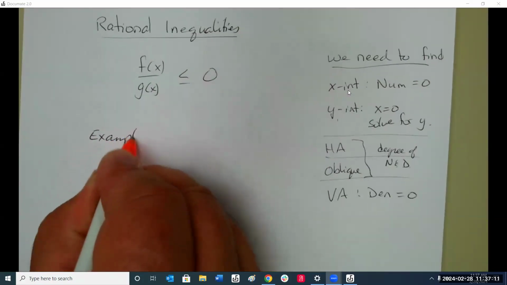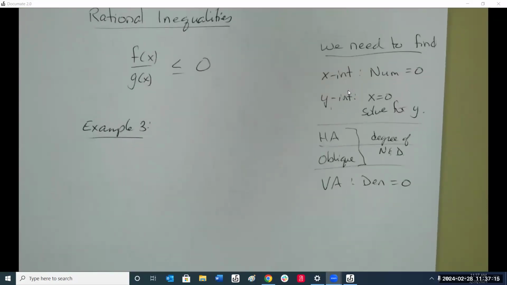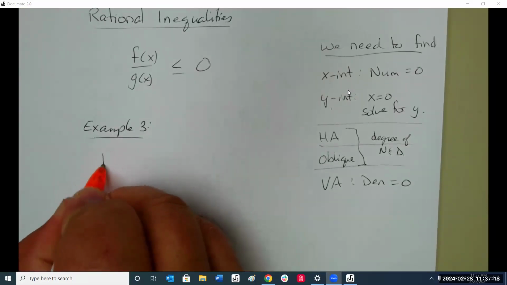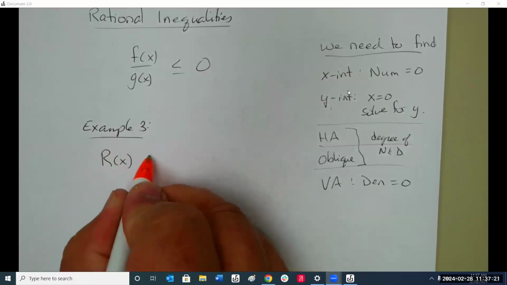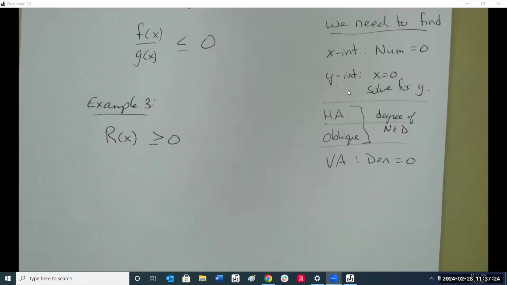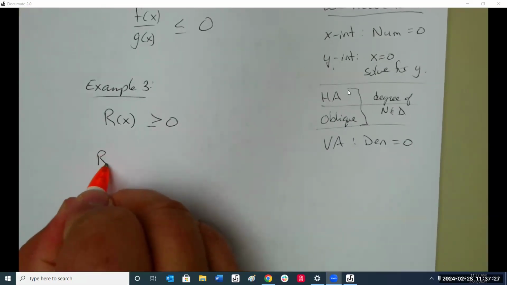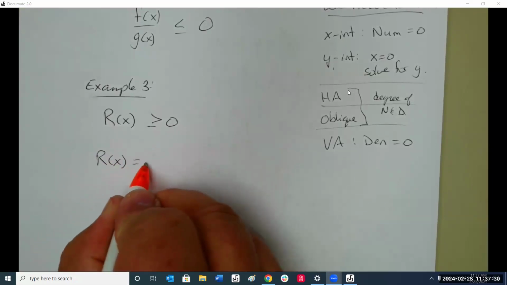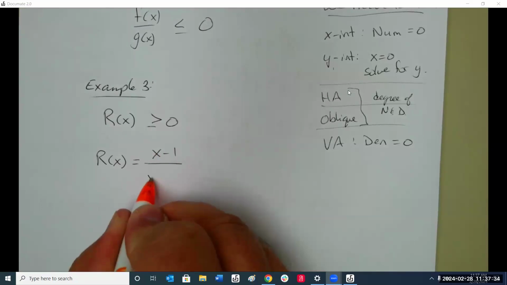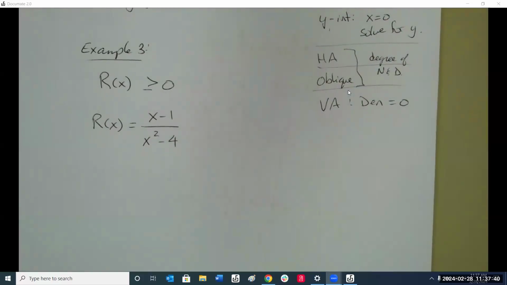Example 3. Your rational equation, we want it to be greater than or equal to 0, and r is equal to x minus 1 over x squared minus 4. So go ahead and find those pieces of information.